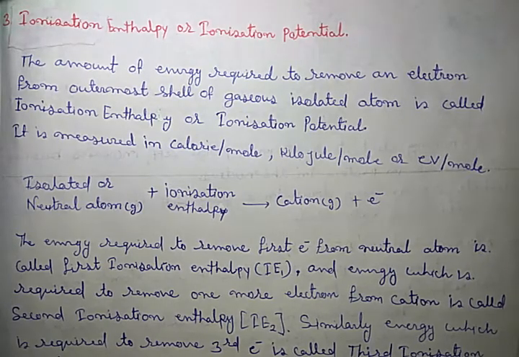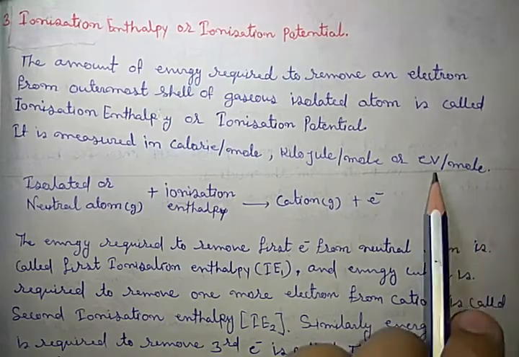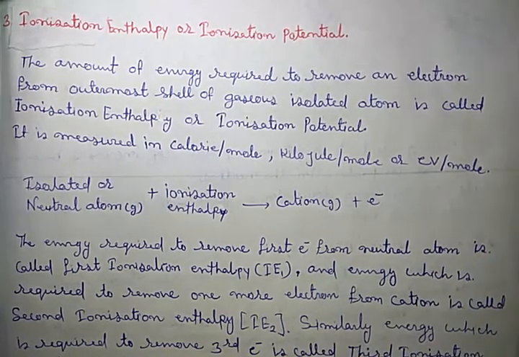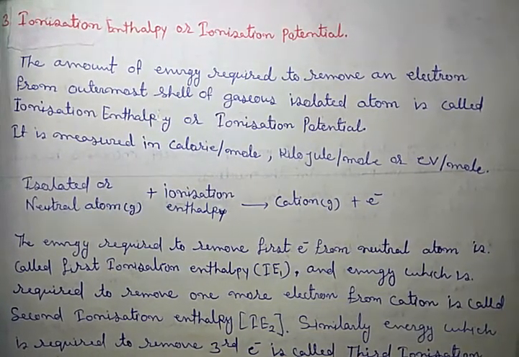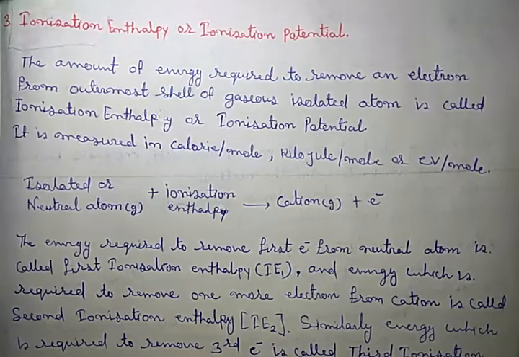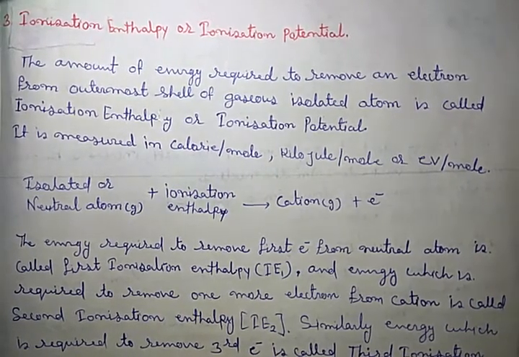It is measured in units which are calorie per mole, kilojoule per mole, or electron volt per mole, that is eV, electron volt per mole. These are the units of measurement of ionization enthalpy or ionization potential.